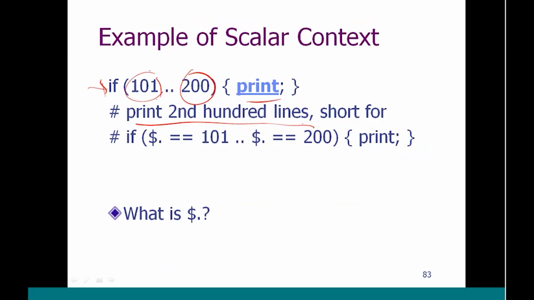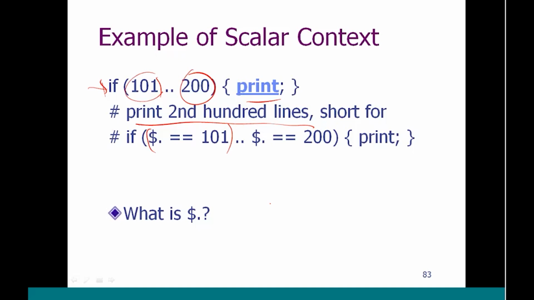So basically it prints from line number 101 to 200, but it is short for these conditions: dollar dot equal to 101 and dollar dot equal to 200, print. So the question is, this is another dollar variable. We saw two of them before, and now this is the third one, which is the dollar dot operator.